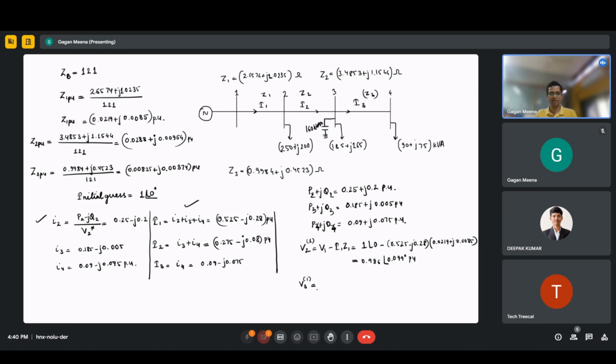Now for V3, what should I write here? How to calculate V3? V3 equals V2 minus I2 Z2. V2 is this one, and I2 is 0.275.